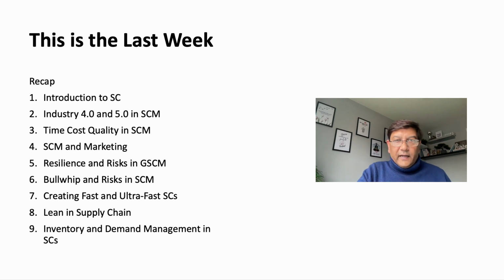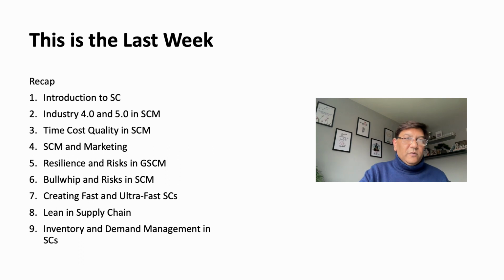In the beginning of these sessions, we talked about the introduction, about supply chain and global supply chain. Then we talked about Industry 4 and Industry 5.0 in supply chain management. Then time, cost, quality in supply chain management.